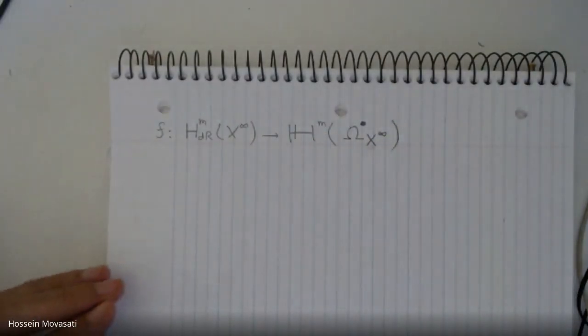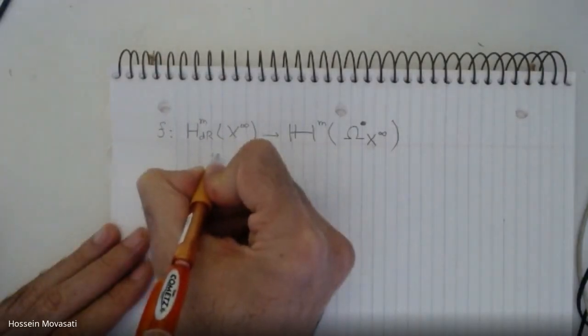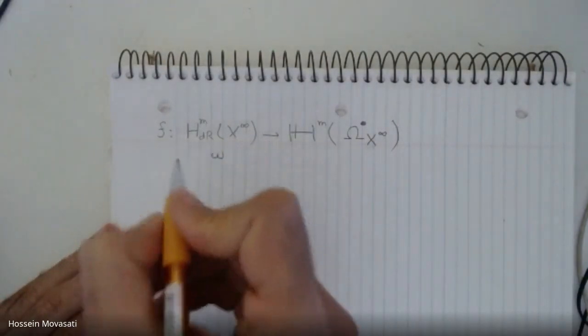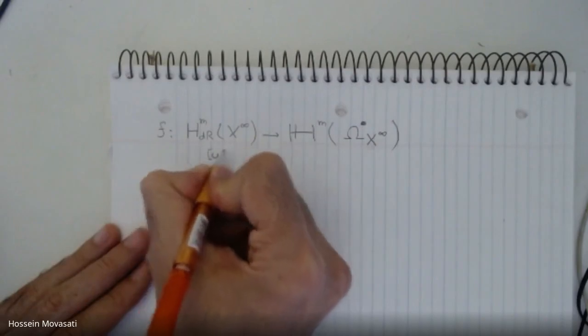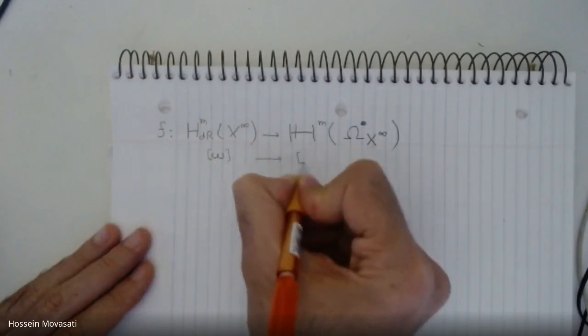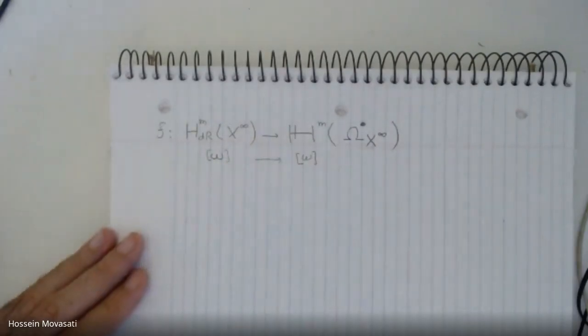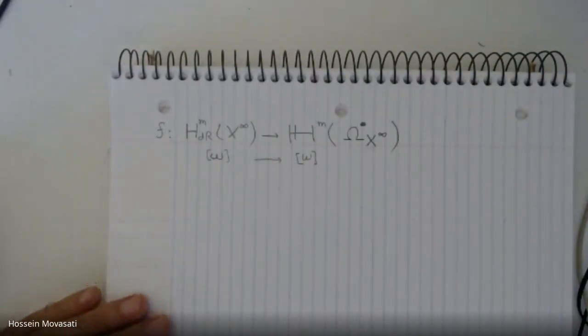This map is given by just taking the representative and putting the same representative.